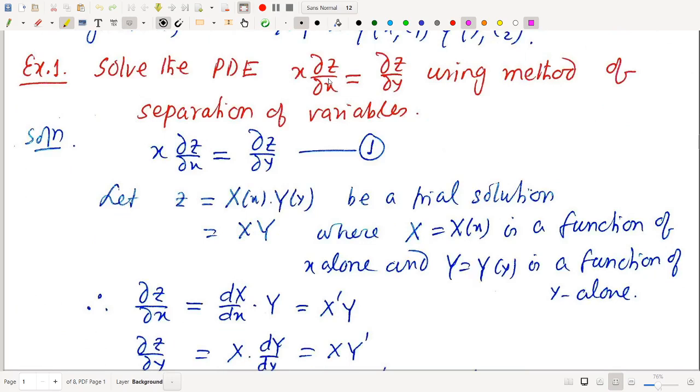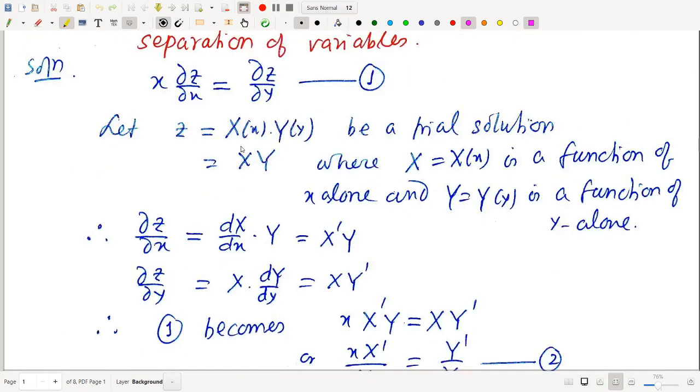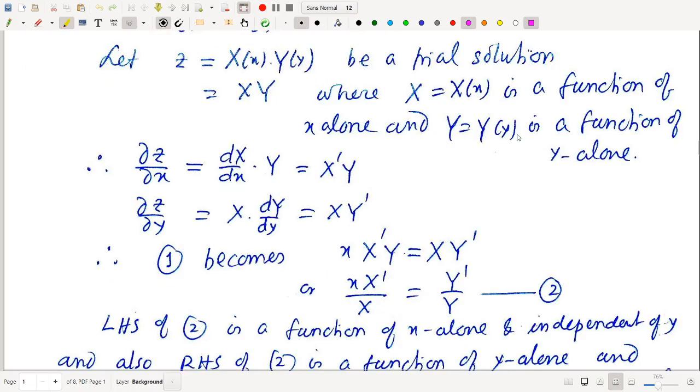Solve the PDE x ∂z/∂x = ∂z/∂y using the method of separation of variables. The PDE is x ∂z/∂x = ∂z/∂y. Let z = XY, where X is a function of small x alone and Y is a function of small y alone.